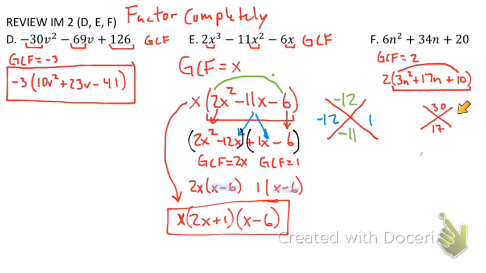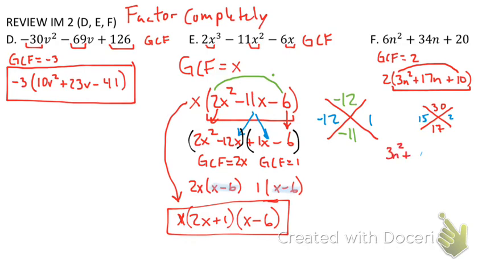The magic pair of numbers that you should come up with is 15 times 2. That multiplies to 30, but it also adds up to 17. So now I'm going to rewrite this by splitting what we call the b value, or the middle number. We're going to split this into 15 and 2.